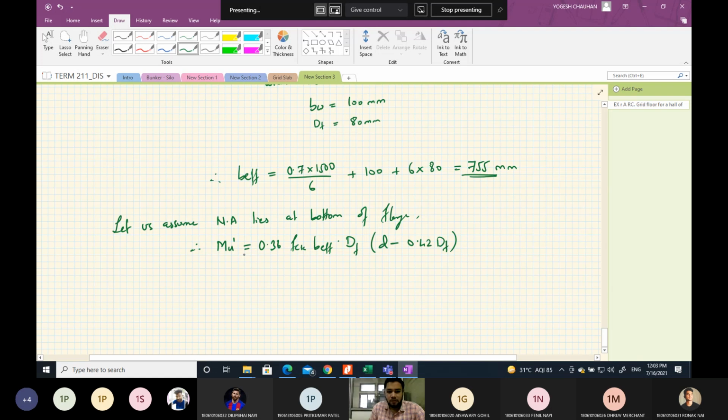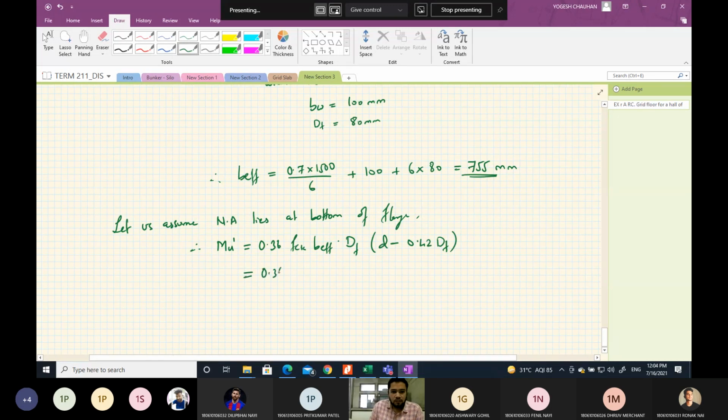And if this moment is less than the design moment, that means the neutral axis lies outside the flange, in the web. So we have to find the moment of resistance accordingly.